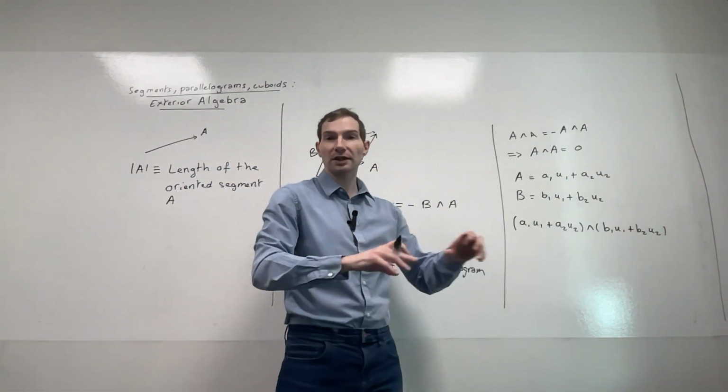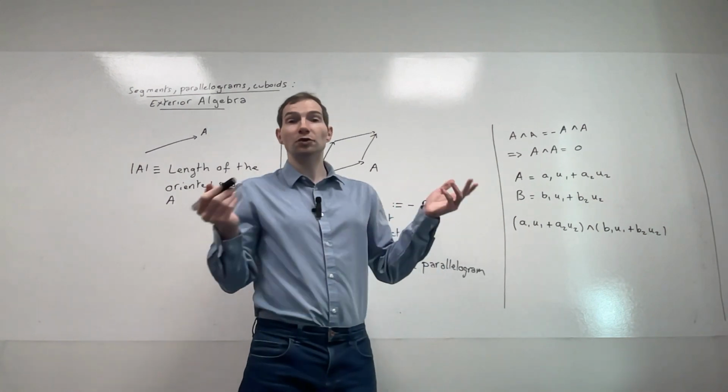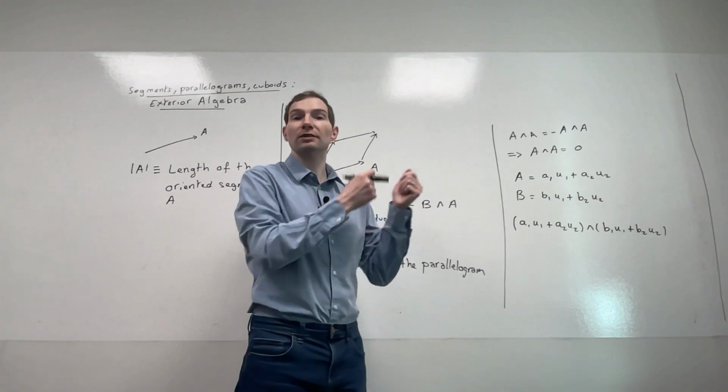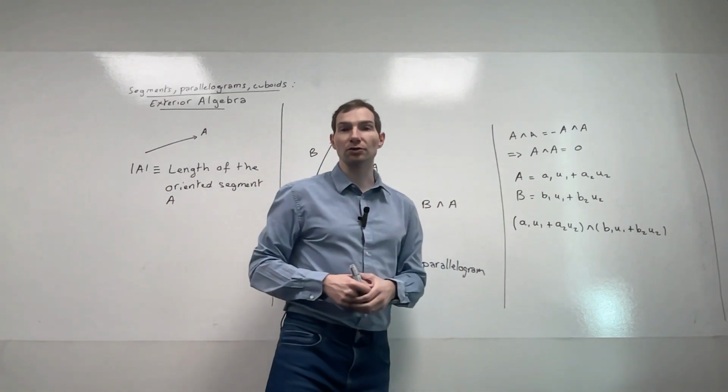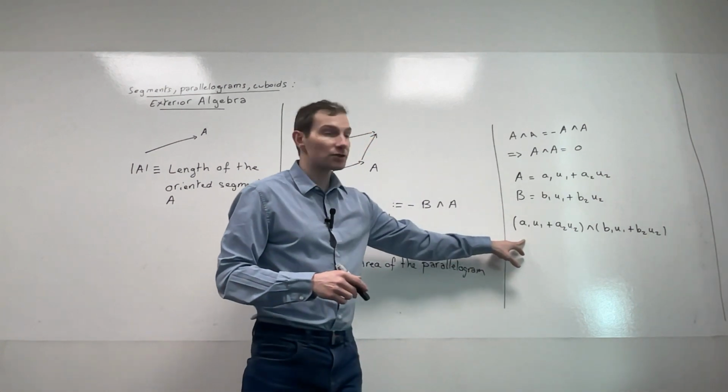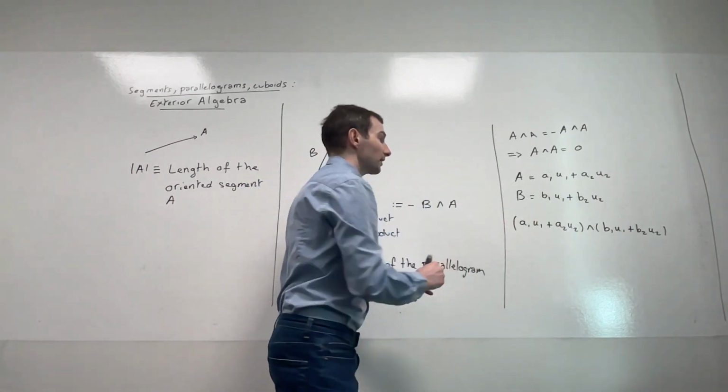And U1 and U2 are some kind of unit vectors, or they can be whatever you want, some reference vectors you want to use here to describe A and B. Okay, so once you're there, you simply expand everything.